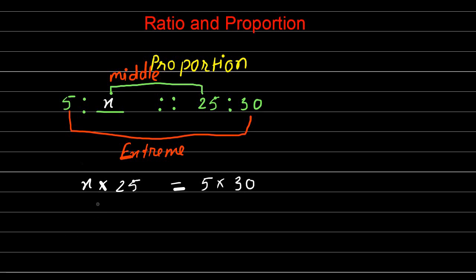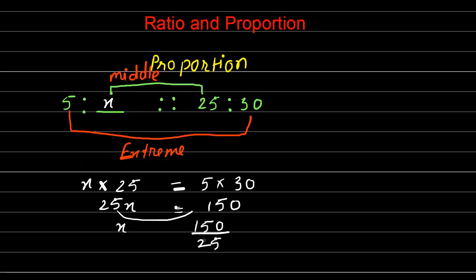Let's see their product. x times 25 will remain as it is, and 5 times 30 will make it 150. Now we need to find the value of x. So 25 will go to the other side in the division operation, because right now it's in multiplication, right? So it's like 150 divided by 25.